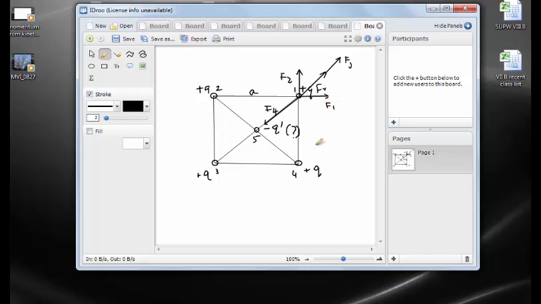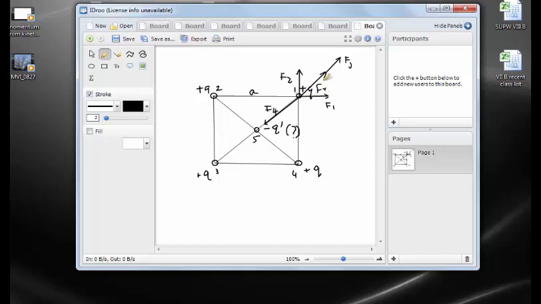Similarly, the force on this charge due to the charge at 4 will be vertically upwards, which I have named F2. Now the resultant of these two forces, by the parallelogram law, will be along the diagonal of this square.